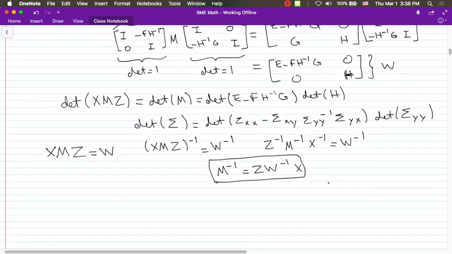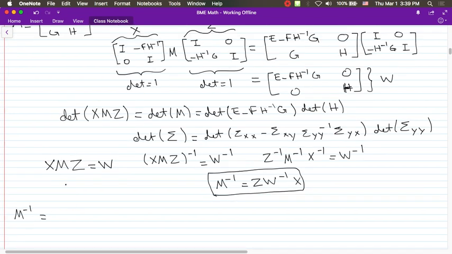This is very useful. Why? Because it says the inverse of my variance-covariance matrix can be written in terms of my diagonalized matrix times these other two matrices, Z and X. So let's write it out to see what it looks like. So what's M minus 1? Here's M. What's M minus 1?